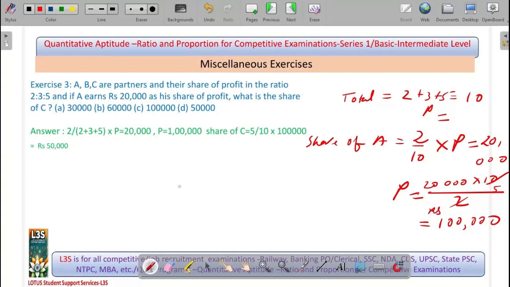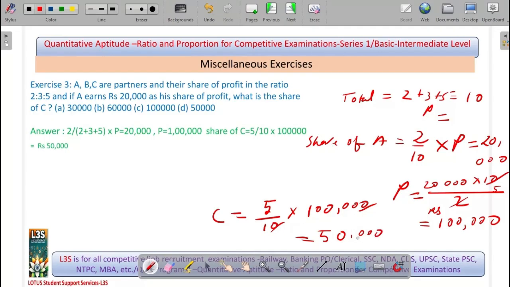Now if A earned 20,000 as profit, what is the share of C? The ratio for C is 5. So 5/10 into 1 lakh, the total amount P, this will be 50,000.